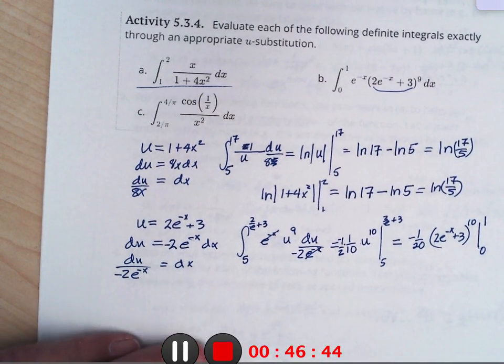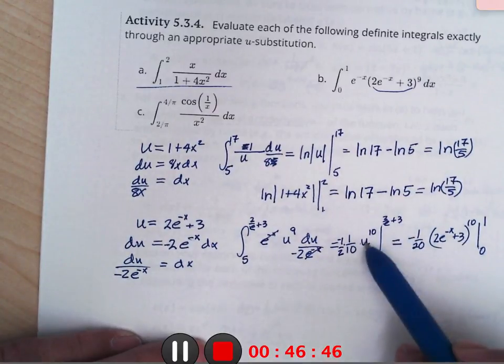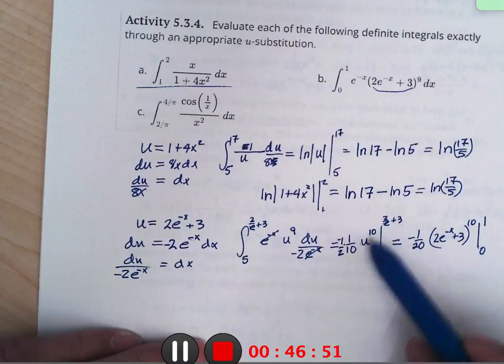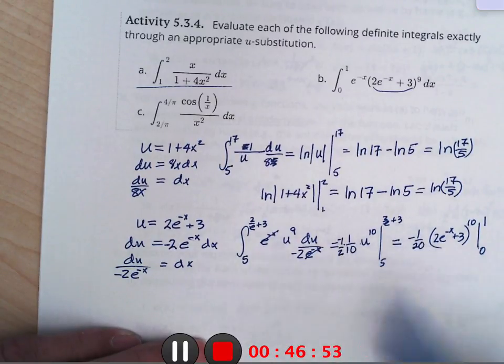So I could have put this in for you, so it had this to the 10th minus 5 to the 10th, both of them times negative 1/20, which is what I'm going to get from here.